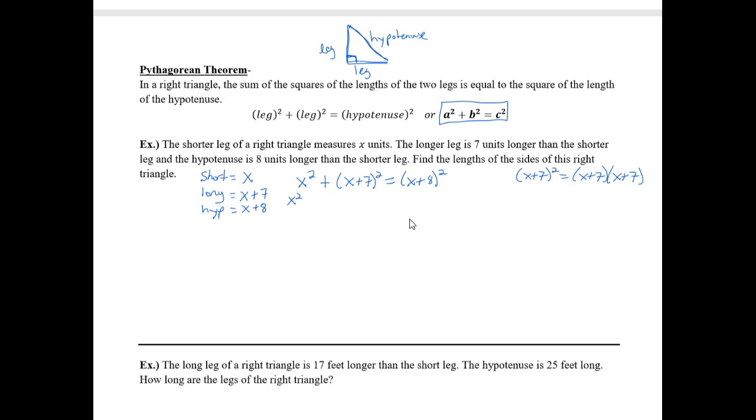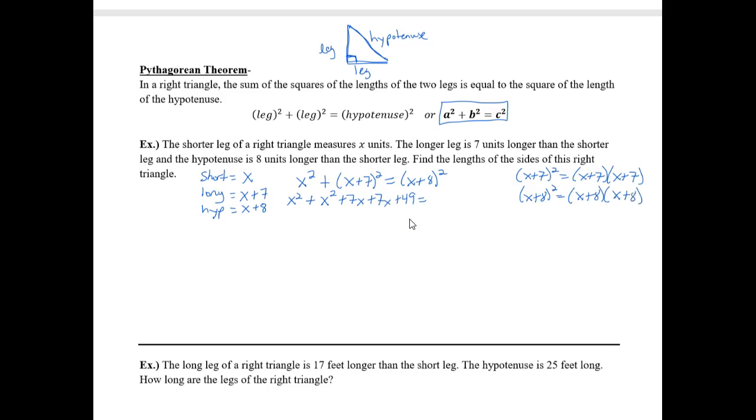So if I remember to multiply it all out, I'll have x times x, 7x, another 7x, and 7 times 7, or 49. Same thing with that x plus 8 squared. It is x plus 8 times x plus 8.